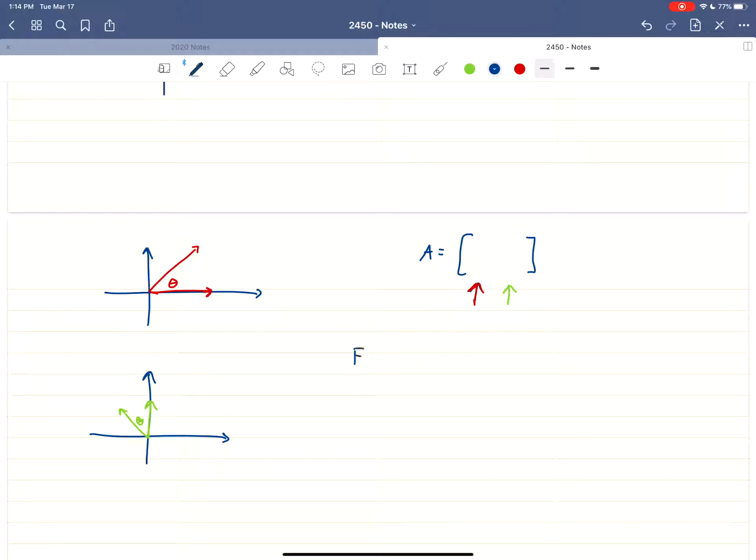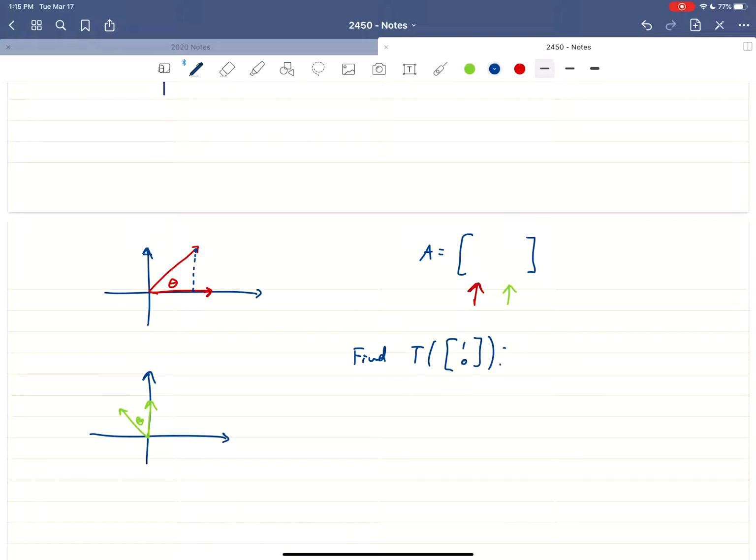We want to find the image of (1, 0), and we're going to need a little bit of geometry here. We're going to have some angle, and we want to figure out the x and y values of that point. If we know that, then we're done.